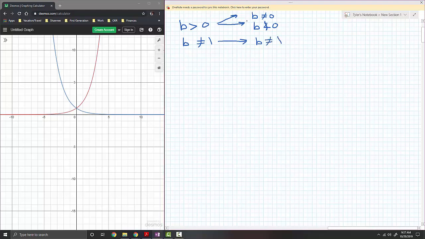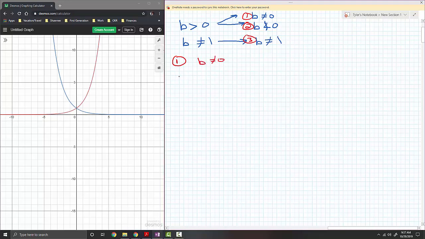So we kind of have these three cases. Let me grab another color. So we have this case, and this case to consider. So with case 1, let's investigate why b can't be 0.